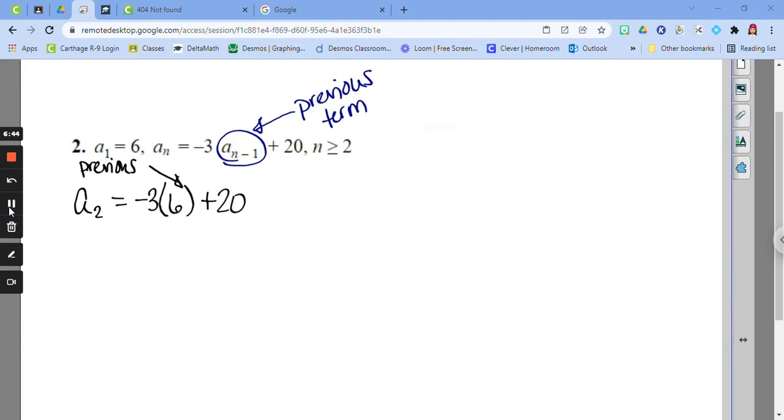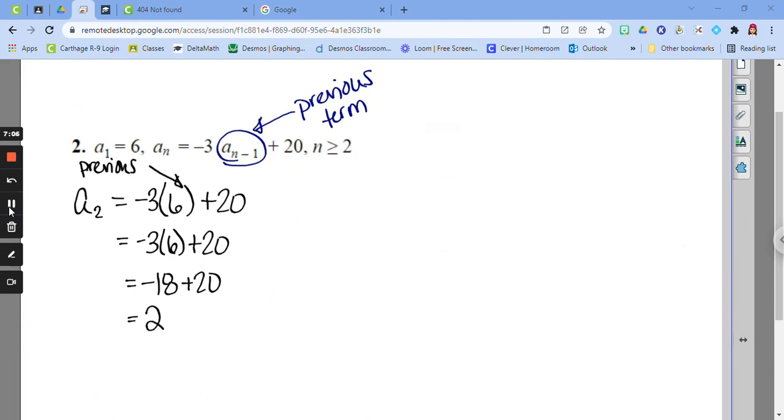So I have the 6 now and I want to know what's next. So negative 3 times 6 plus 20. And so the next term is 2.